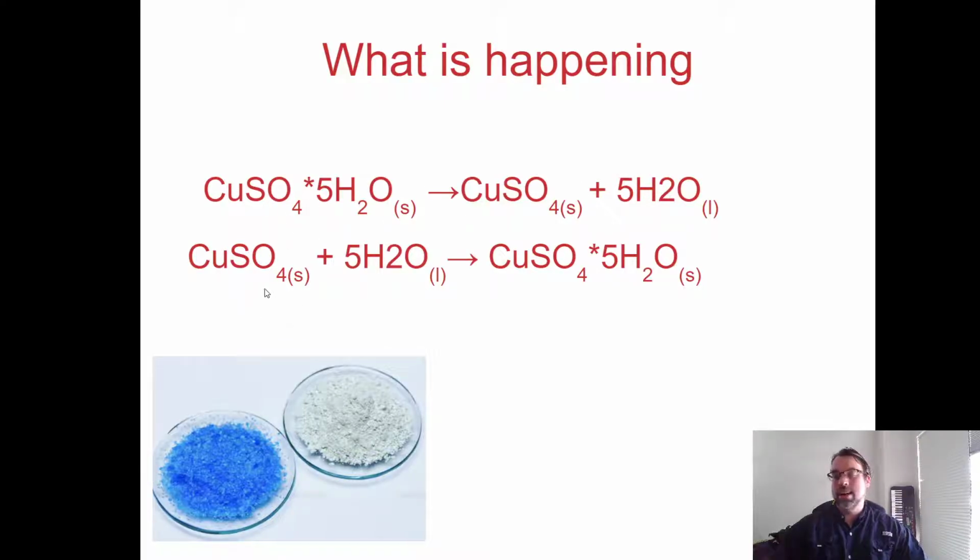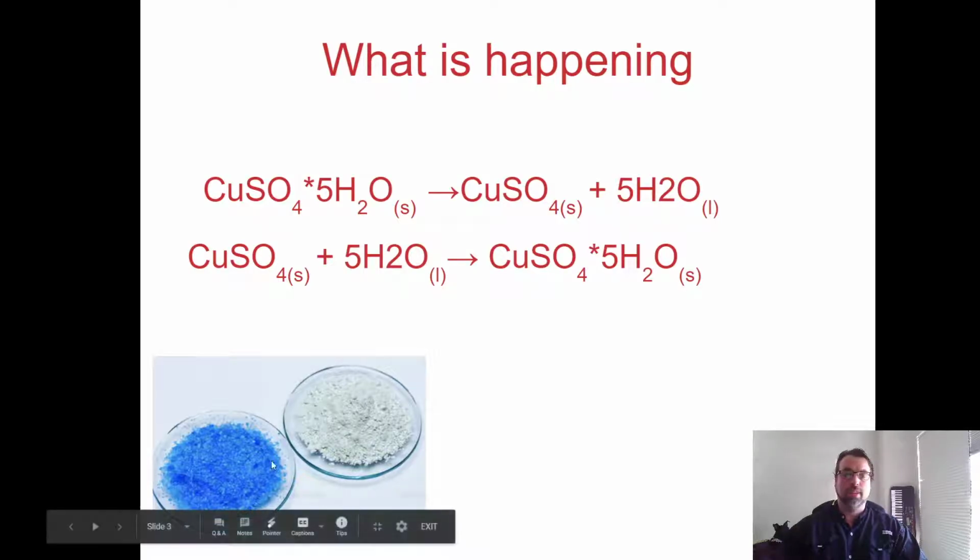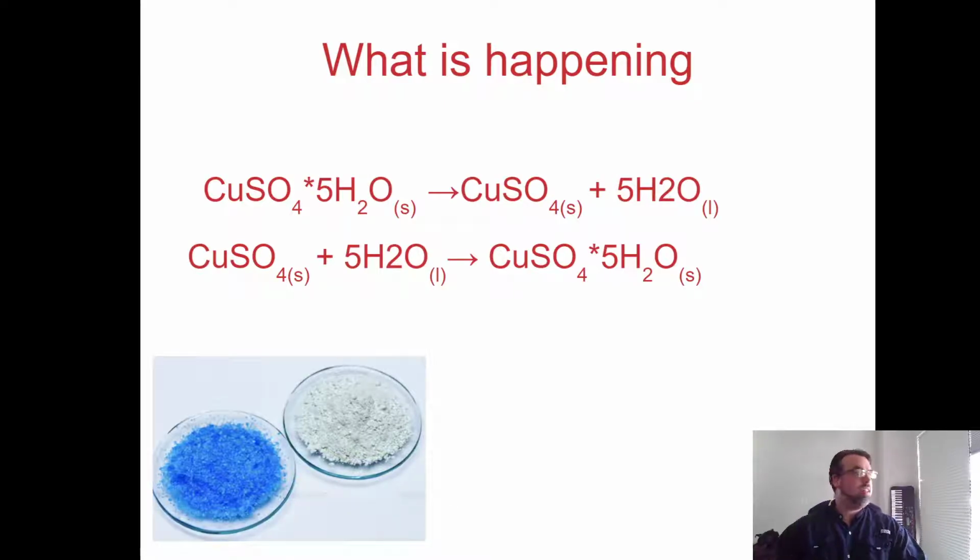At the same time, though, what you'll see is that it also goes from the grayish blue to the bright blue. So it's also absorbing moisture from the air. When we are messing with copper sulfate pentahydrate or anhydrous copper sulfate, we're causing both reactions that are happening at the same time.